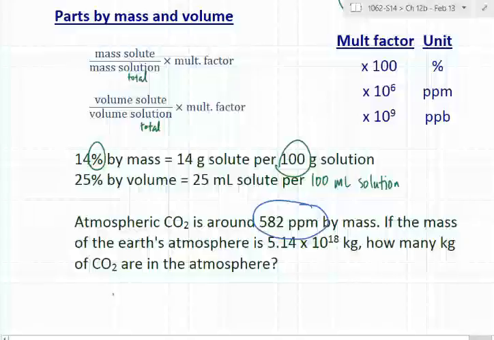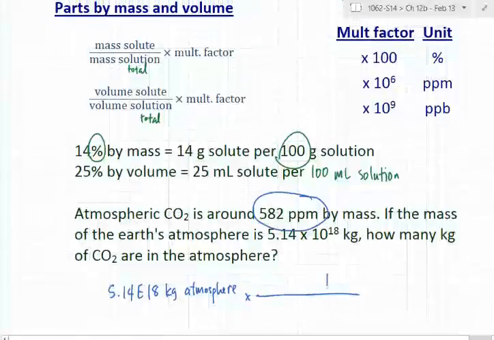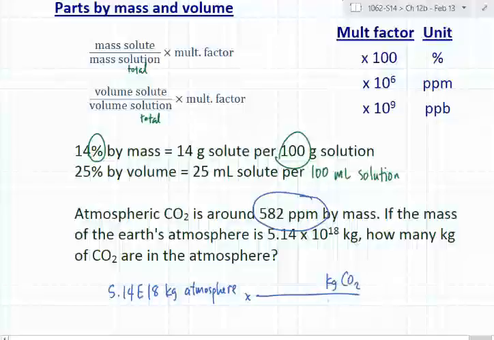So this works out pretty nicely. If we do 5.14 times 10 to the 18 kilograms of atmosphere, we can set up something over here that makes that original unit cancel, right? What do you suppose I could put right there?